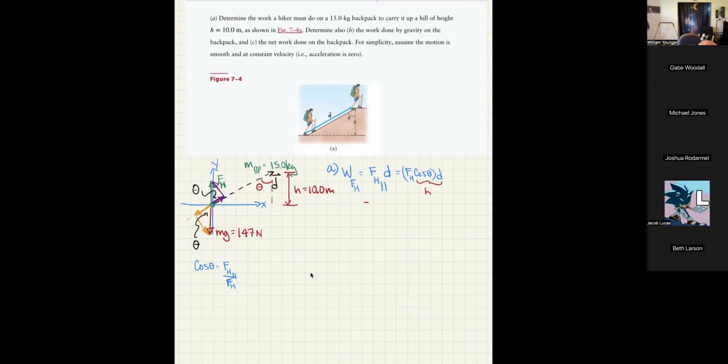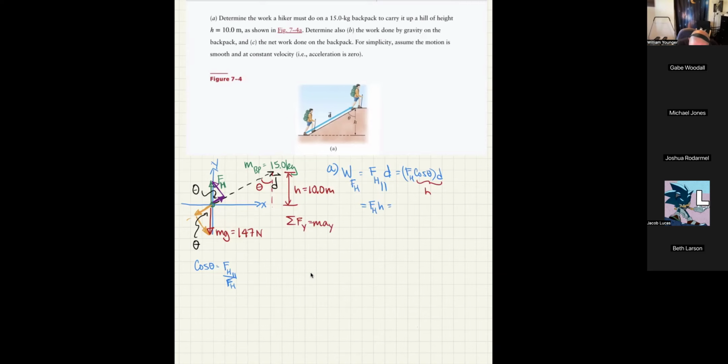We now have the work done by the hiker is equal to F_H times H, and the F_H has to be a very specific quantity. Now, remember, I said the acceleration has to be zero, so now we can figure out what that quantity is. The summation of forces in the y direction equals mass times acceleration in the y direction.